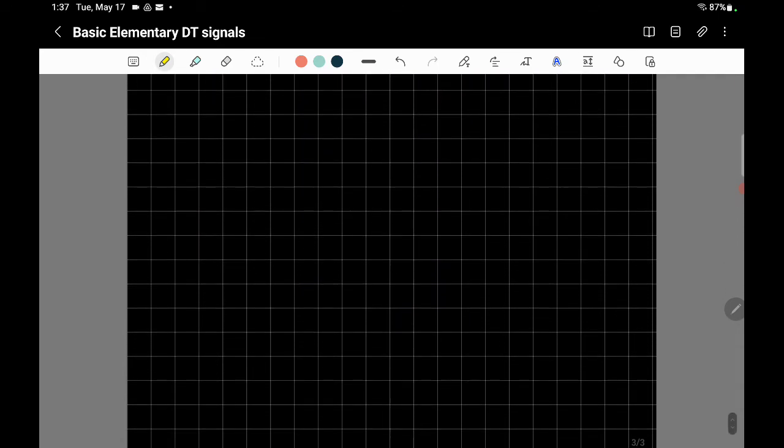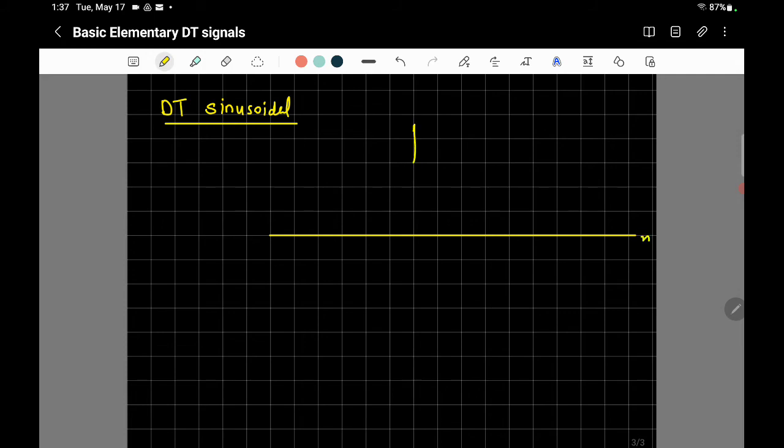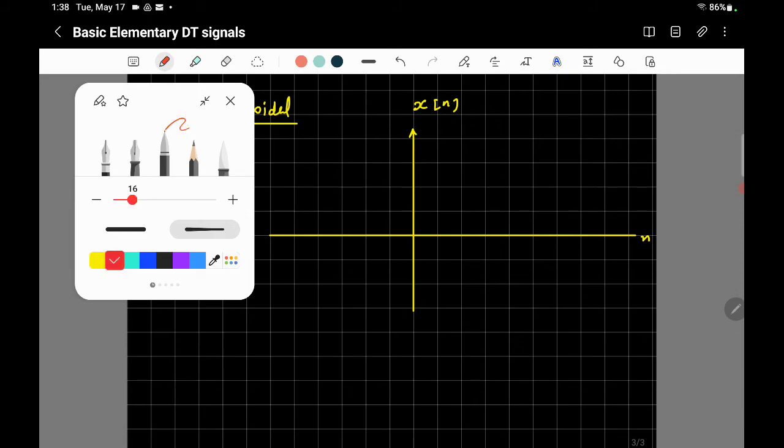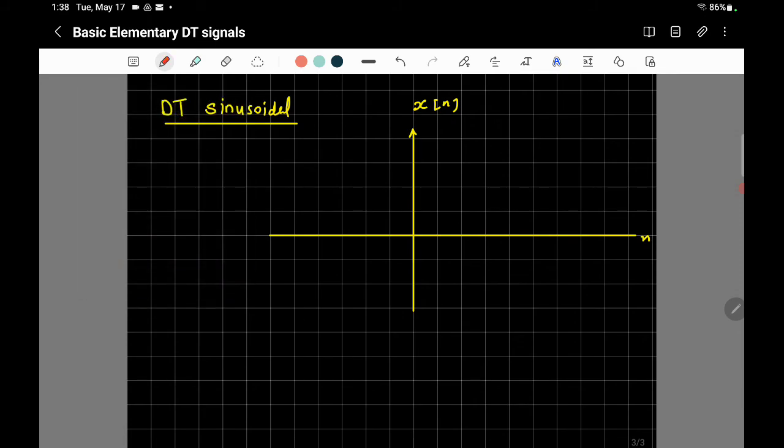The last one, we're going to do the sinusoidal, the discrete-time sinusoid. Let's just have n on the horizontal axis and x of n on the vertical axis. I will use a different color to draw the sinusoid, one cycle and a symmetric one, with another one here, negative.